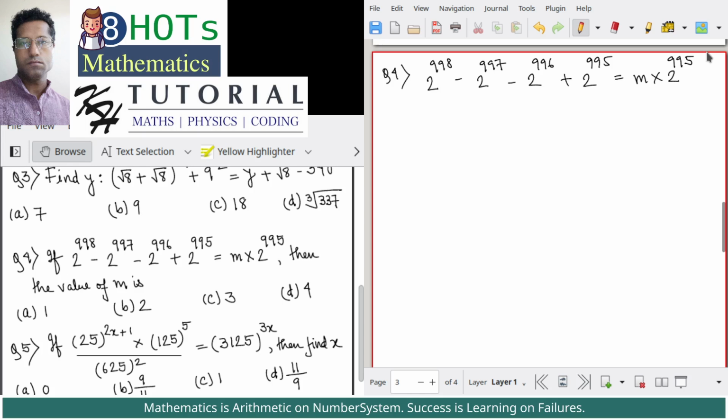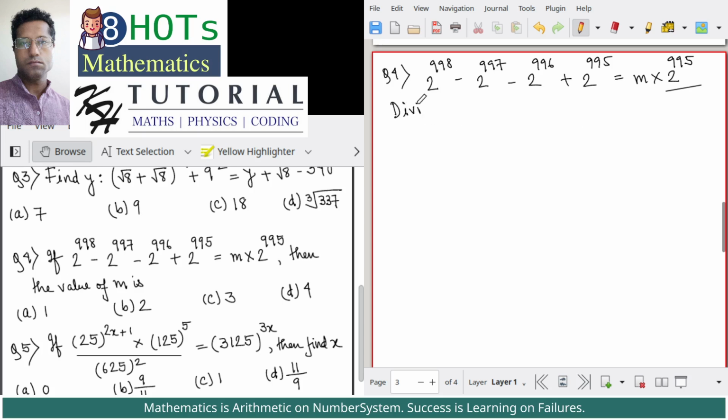So the very easiest way and the very first thought that should come to mind is dividing both the sides by 2 to the power 995, because on the right hand side we are having m multiplied by 2 to the power 995. So if I divide both sides by 2 to the power 995, I will have m as the right hand side.